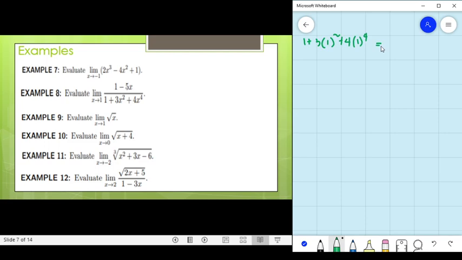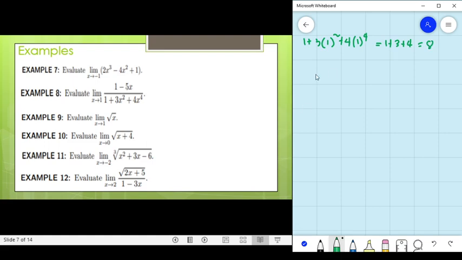It is similar to 1 plus 3 plus 4, which is equal to 8. Okay, so let us check.